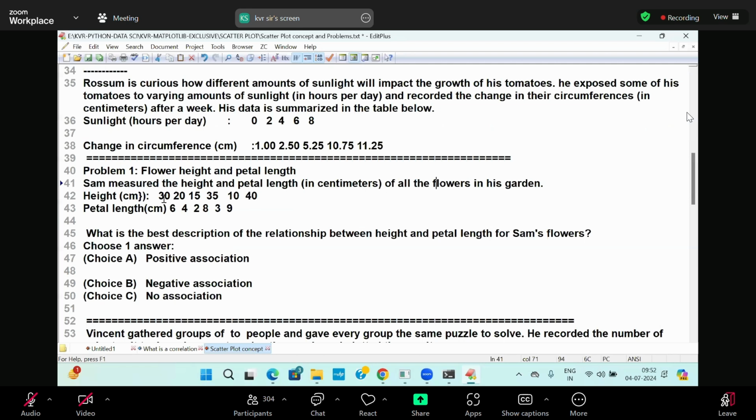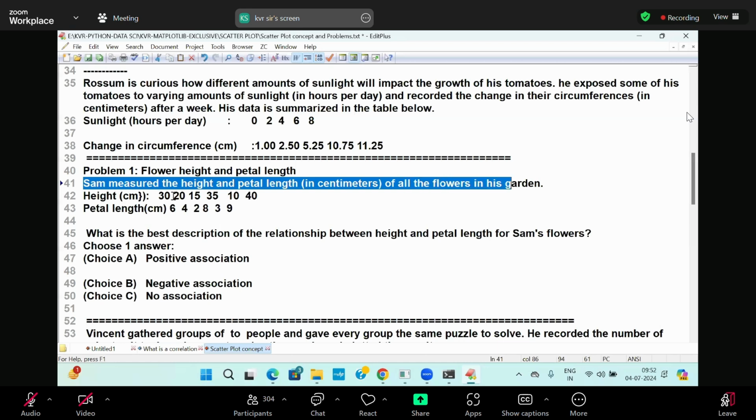Come to that, you have to understand. Flower height and then petal length. Do you know petal? Petal, flower: flower height and then petal length. Sham is a person's name. He measured the height and petal length in centimeters of all flowers in his garden.